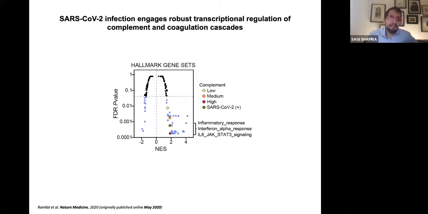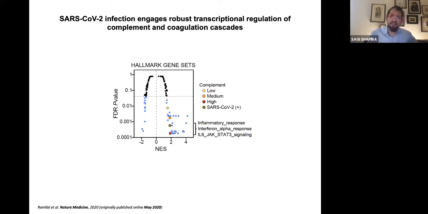In addition to looking at clinical associations of disease, we also looked at the engagement of complement and coagulation pathways in nasal swabs of infected patients. At the time, we had, I believe, a cohort of about 600. We're now going to have a far broader cohort.